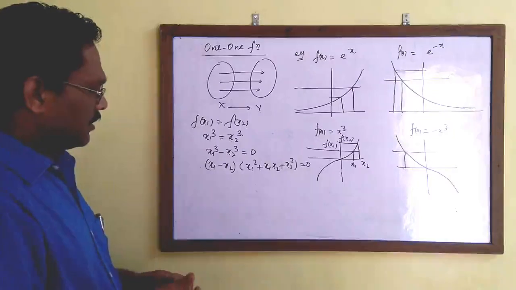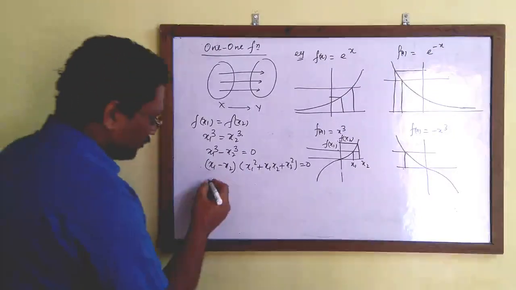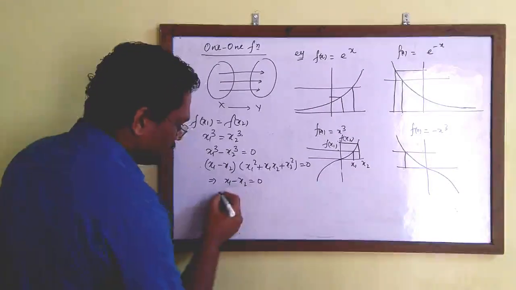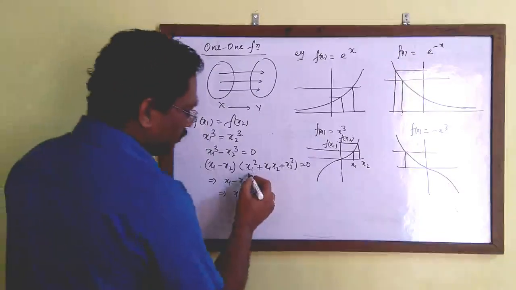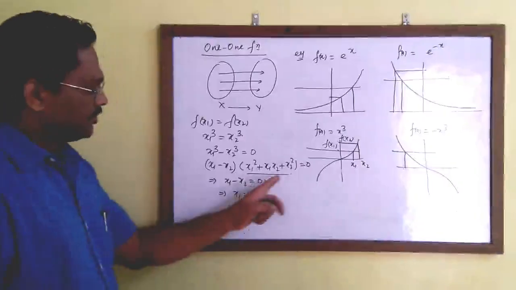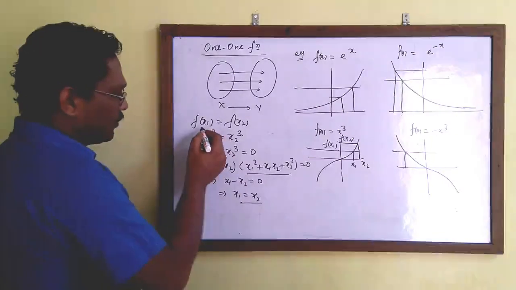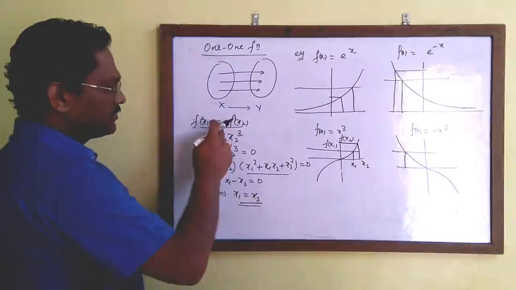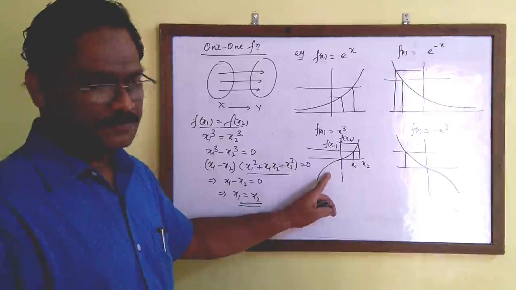Now naturally, if I make this factor equal to 0, x1 minus x2 equal to 0, this means x1 equals x2. Now why am I not considering the other factor? Because this gives you imaginary roots. So now look here, the equation f of x1 equal to f of x2 implies that x1 equal to x2, which I said in the graphical observation.